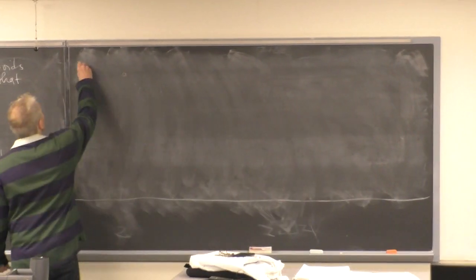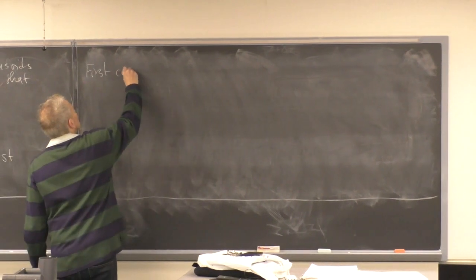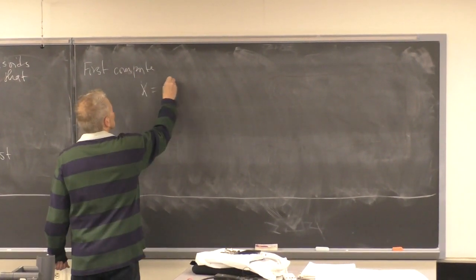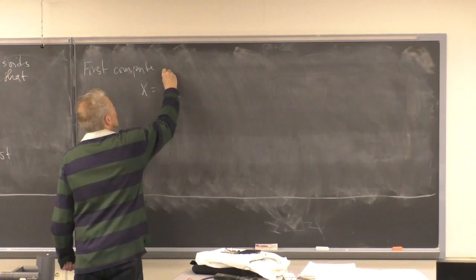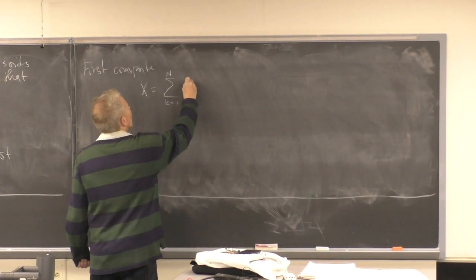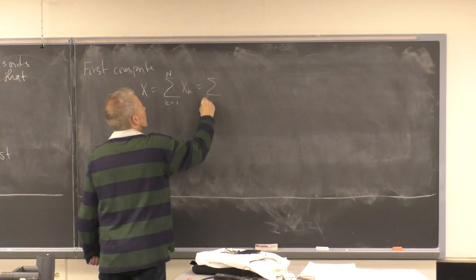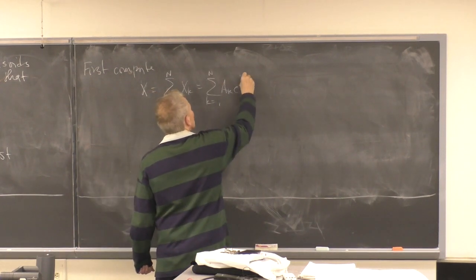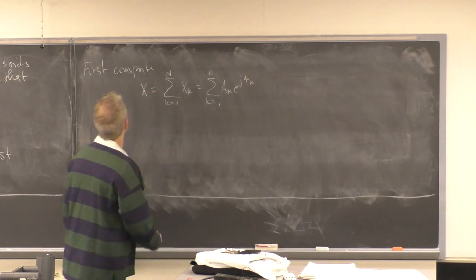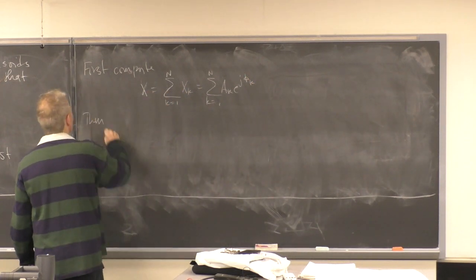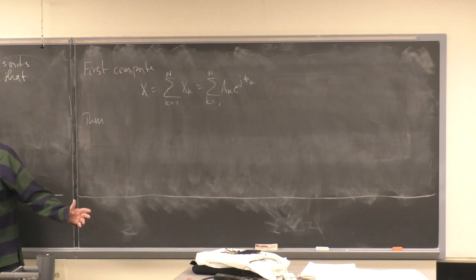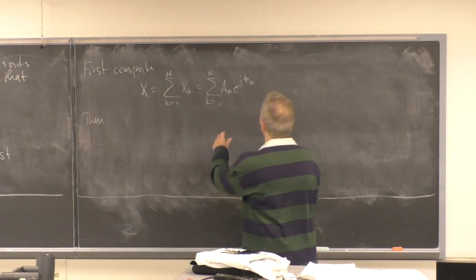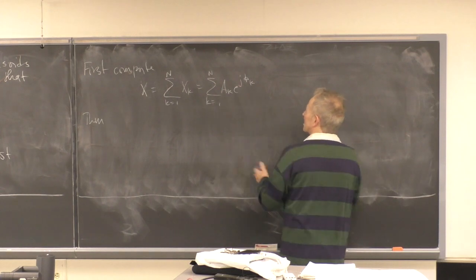So first, compute X to be the sum from k equals 1 to cap N of X_k, which is the sum from k equals 1 to cap N of a_k e to the j phi_k. Then, and this is the hard part, because in general you're going to have ugly expressions to put together.